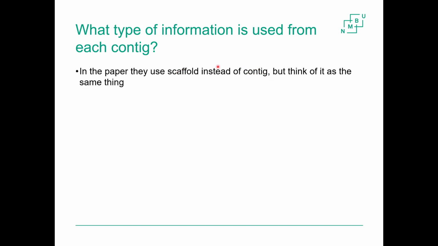And very often, if you compare scaffolds and contigs, you will see they are quite the same. So whether I say contigs now or scaffolds, it means the same thing: genomic sequences that we have assembled, right?